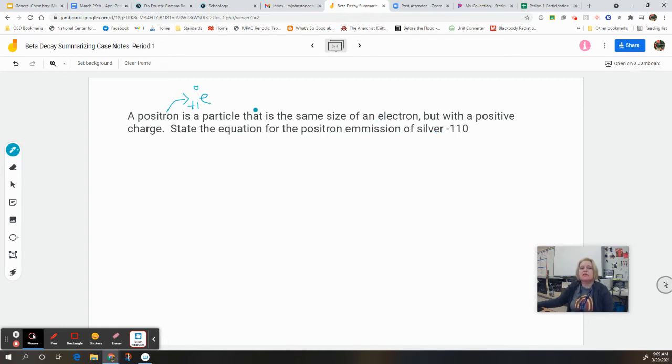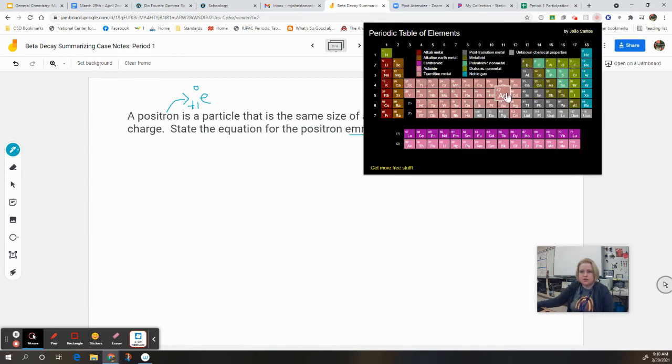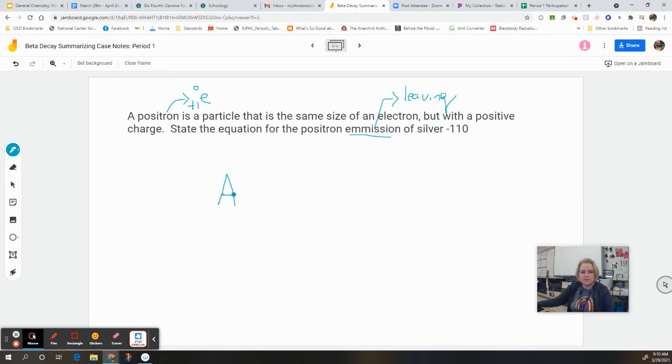Now, in terms of the word emission, when I see that, it means that the positron is leaving. So I know that the positron will be on the right side of the equation. So I start again by looking up my symbol for silver, which is right here. Silver has an atomic number of 47 and a symbol of Ag.